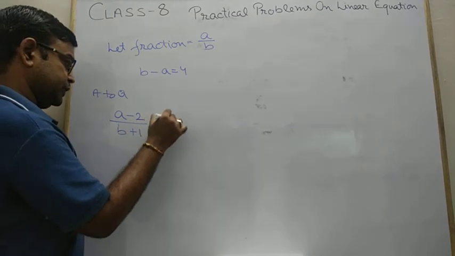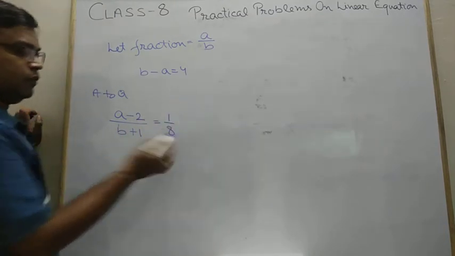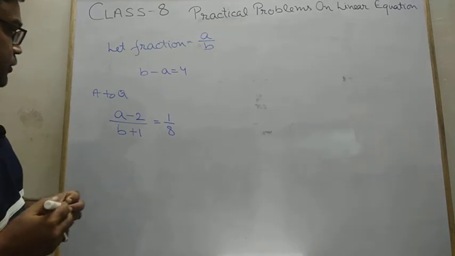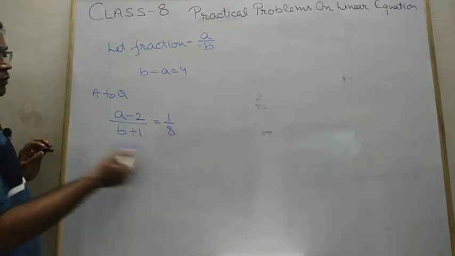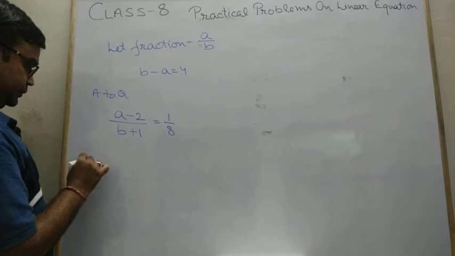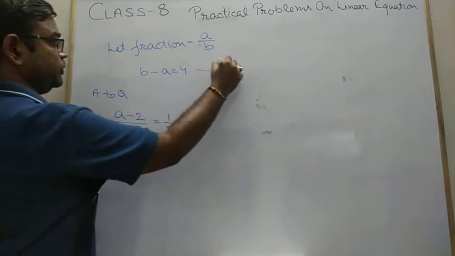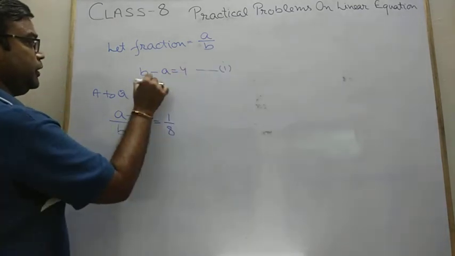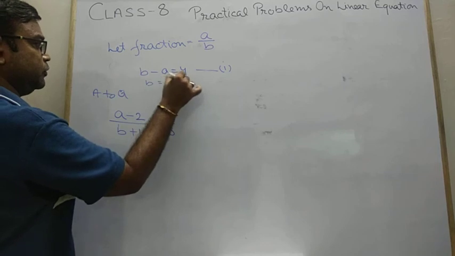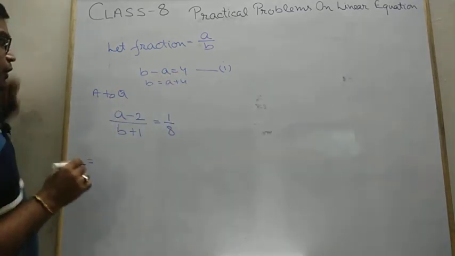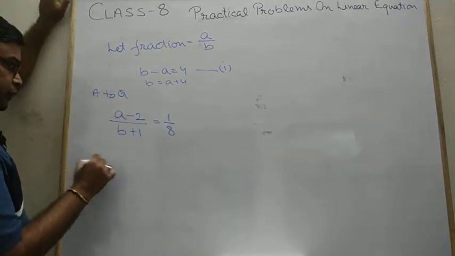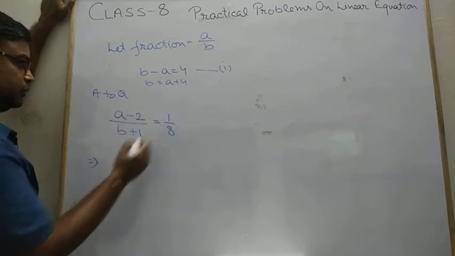So the fraction is 1 upon 8 or a multiple of 1 upon 8, doesn't matter. Clear? So we'll try to solve this one first. Always remember, this is your equation 1. We use this value b equals a plus 4 also. Clear?